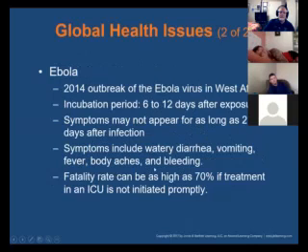Ebola, it is a viral hemorrhagic fever. There is up to a 21-day incubation period between exposure and symptoms.